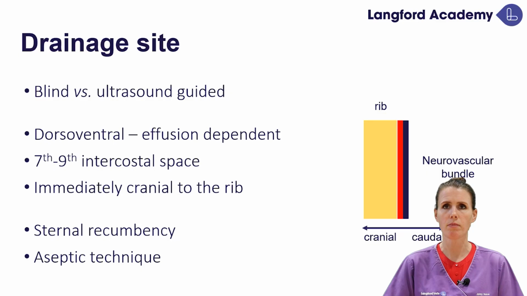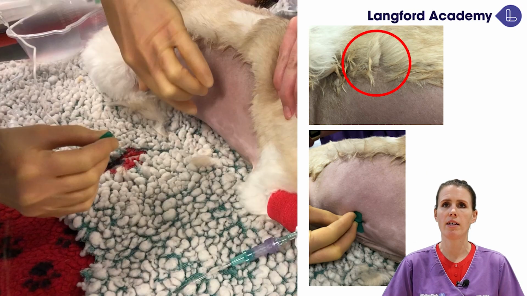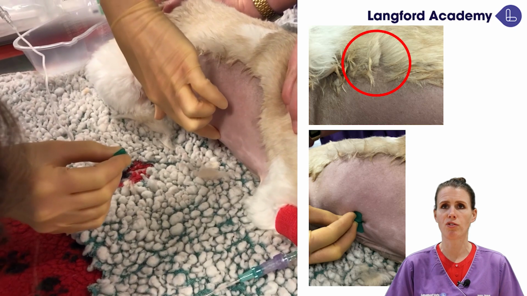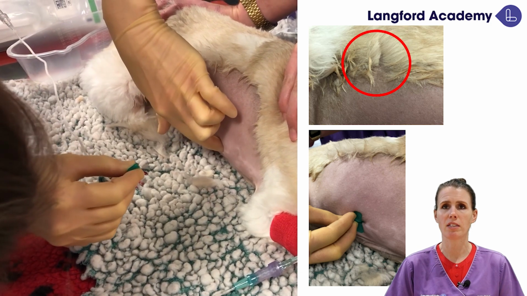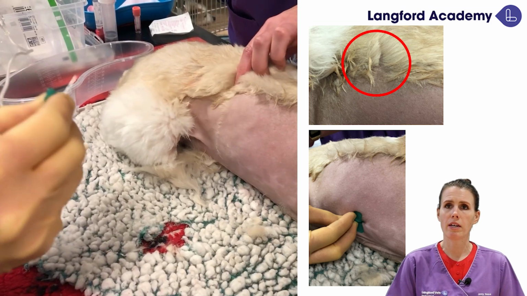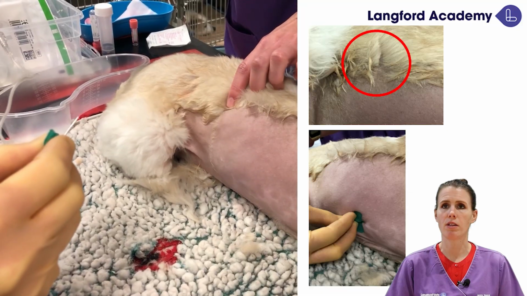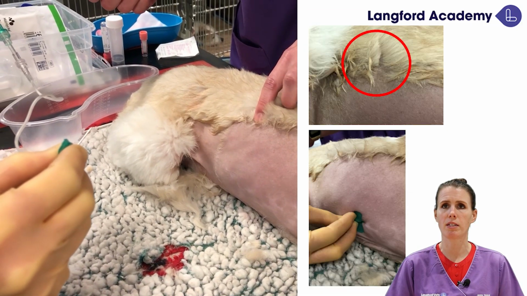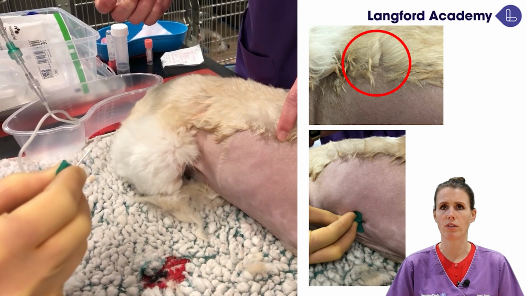This video here is a demonstration of percutaneous thoracentesis using a butterfly needle that is connected to one of the valved Y drainage extensions in a small breed dog. So we count to between the 7th and 9th rib and slide off the cranial aspect of the rib in the ventral third of the chest.